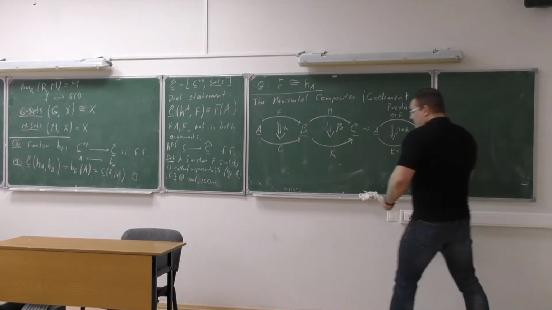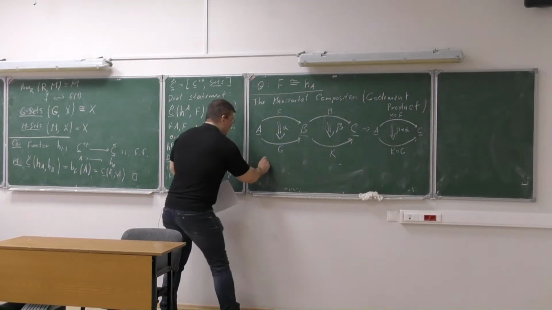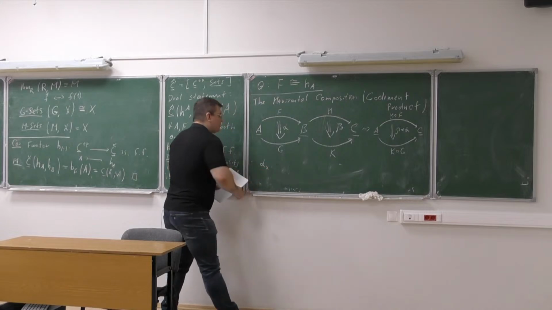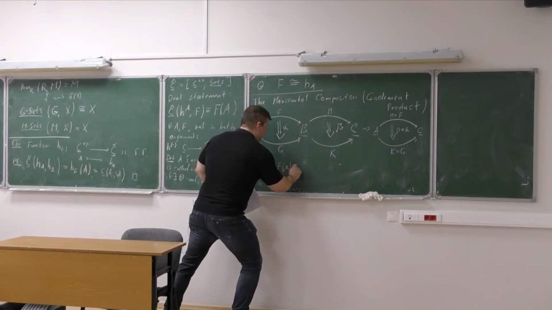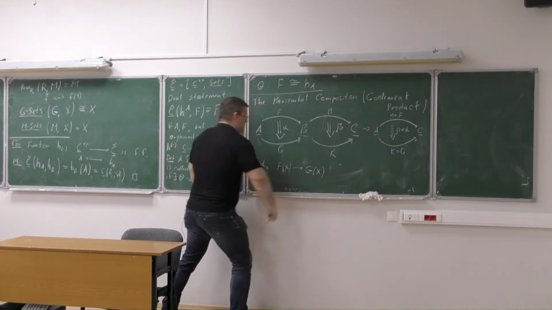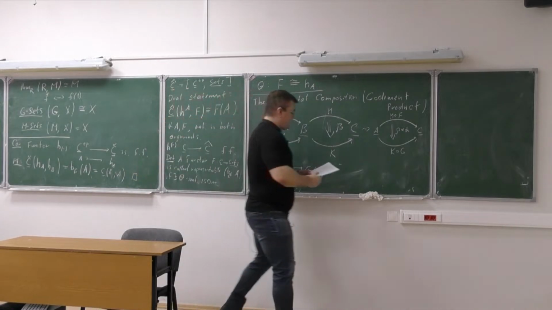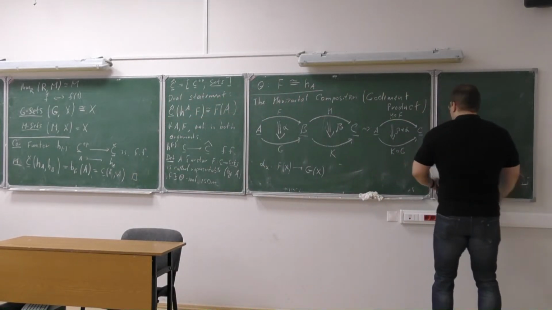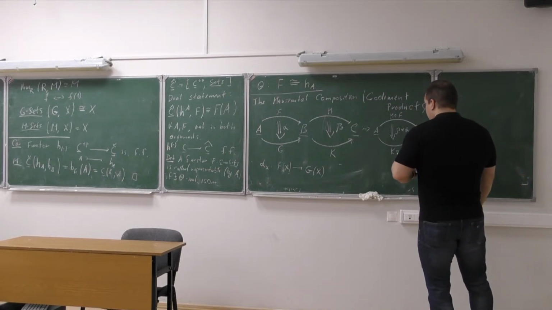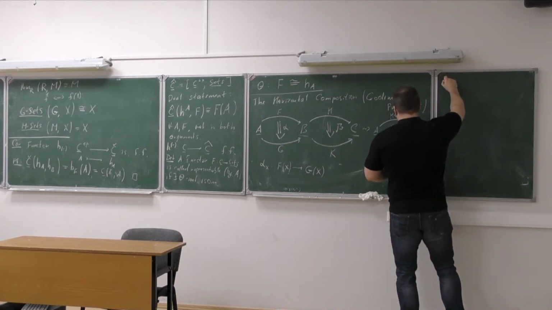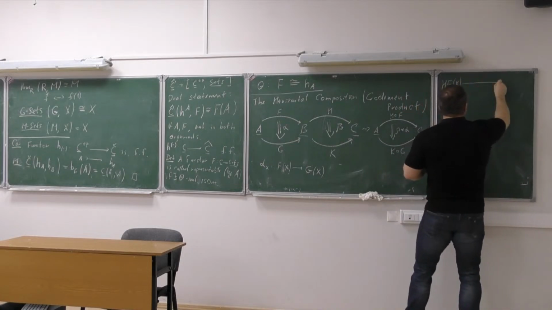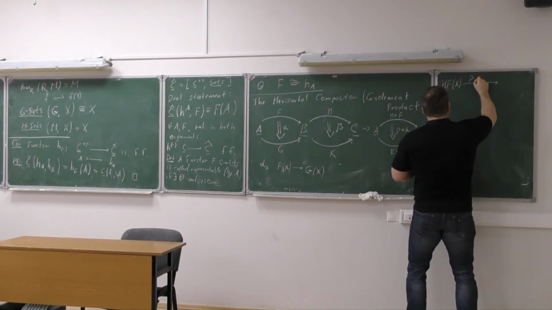To do this, let me fix a component alpha sub x for the natural transformation alpha. So this is from f of x to g of x for any object x in the category A. And then, using that beta is a natural transformation, I can write the following commutative square. I have h and f, which I apply to x. So here I have the component of the natural transformation beta for the object f of x.